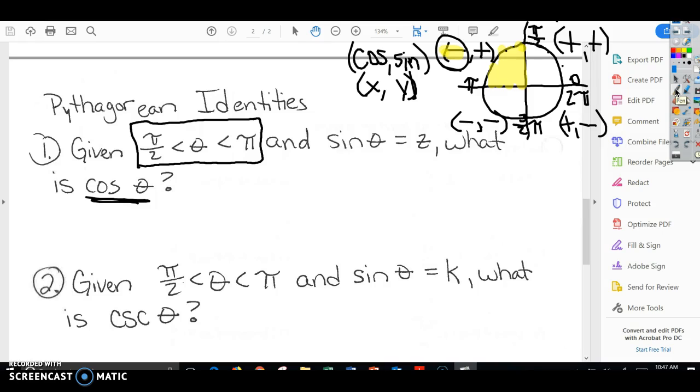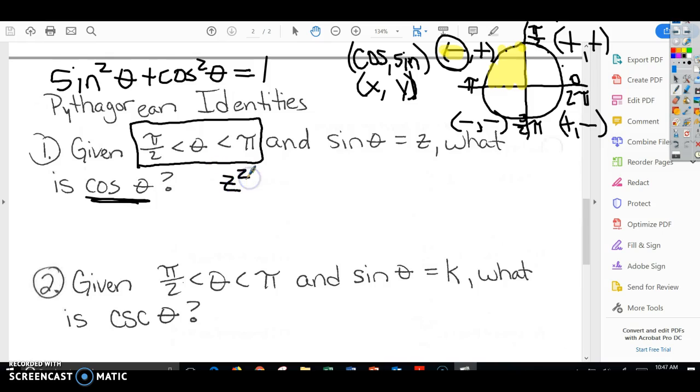But let's plug this in. If I have sine and cosine, Pythagorean identities, we know that sine squared theta plus cosine squared theta is equal to 1. So if I say sine of theta equals z, I'm going to plug in z.